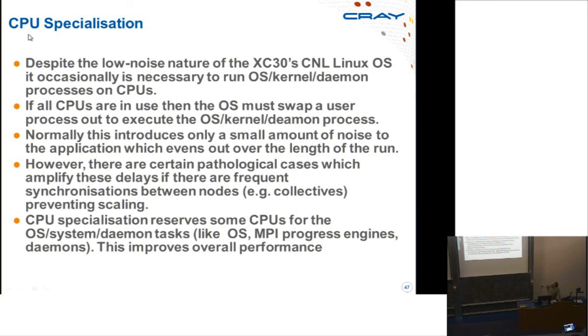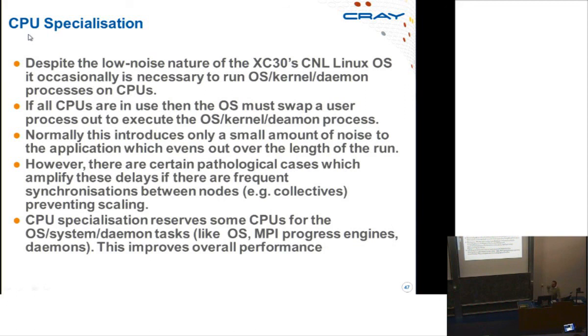So if all the CPUs are in use, then the OS must remove the user process and interrupt it. This normally only introduces a small amount of noise and usually should be averaged out over the entire length of the run, so it isn't much of a problem. However, there are some pathological cases where you have very frequent synchronizations through allreduce or barrier maybe, which mean that you actually see a cumulative effect of these CPU noise issues.